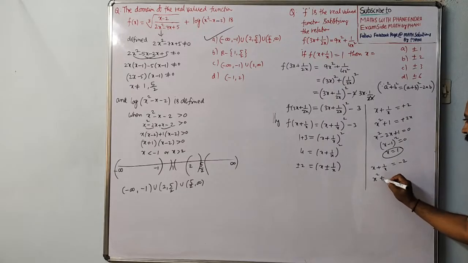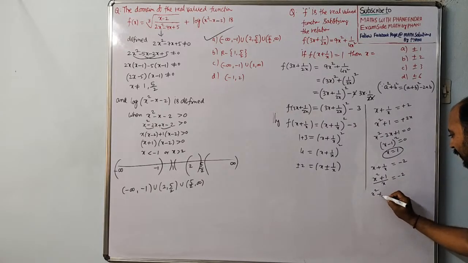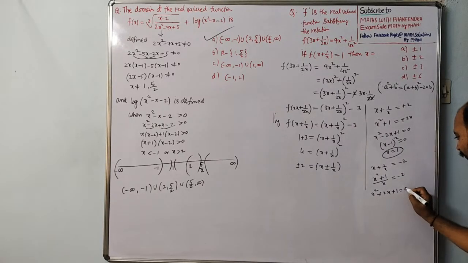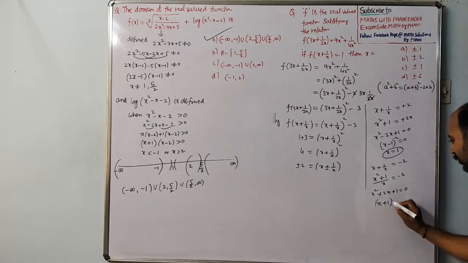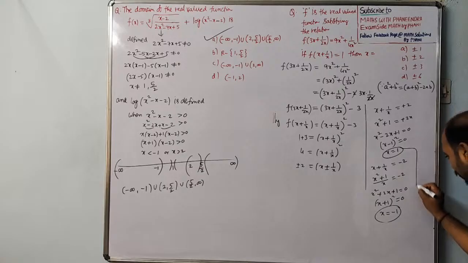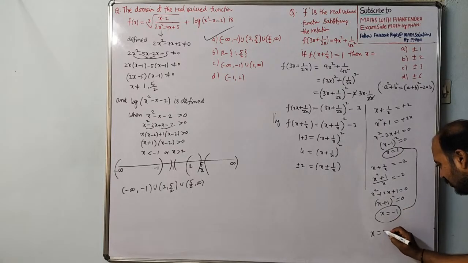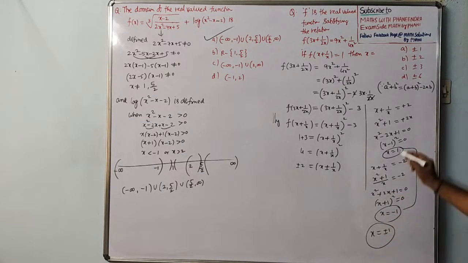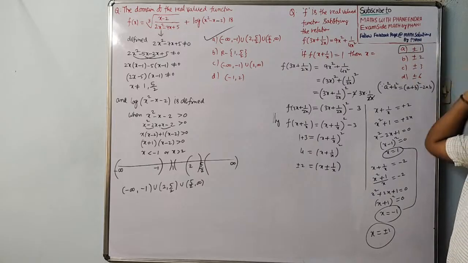So x square plus 1 is equal to minus 2x. x square plus 2x plus 1 equal to 0. So x plus 1 whole square equal to 0. x is equal to minus 1. So from these two we conclude that x is equal to plus or minus 1. It is there in the first option, dear students. Okay, I hope you understand.